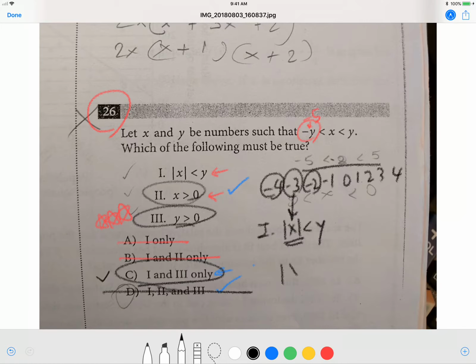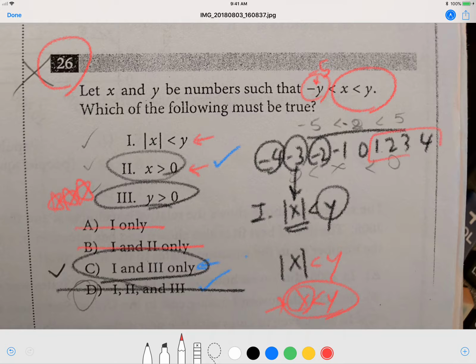Well, take a look at this, the y is bigger than x, right? Because of that, it's always going to yield something that is going to be less than y if x turns out to be positive. So we're only taking a look at these answers, right? And lo and behold, all of these answers are going to be less than 5. And so you can use your example to your advantage to actually help you solve this problem.